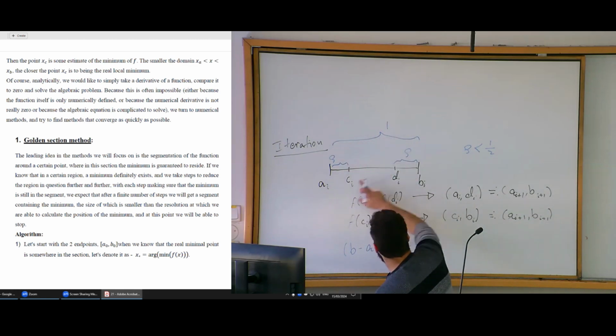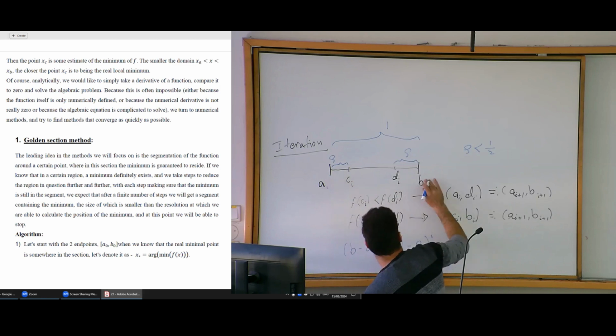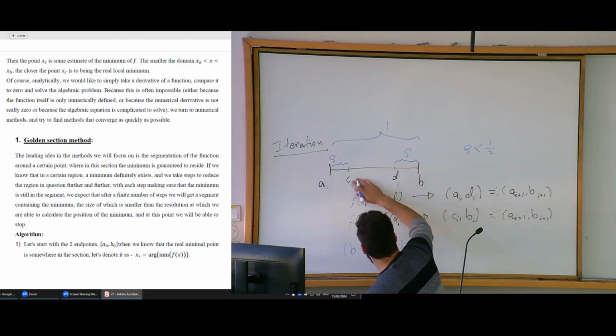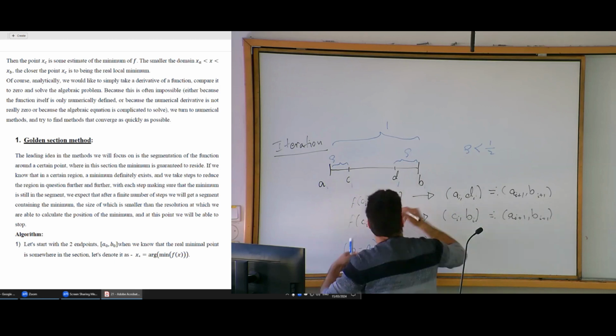Now let's say that f of C is smaller than f of D, and my new interval will be A and D. So this is A1, B1, D1, and C1.